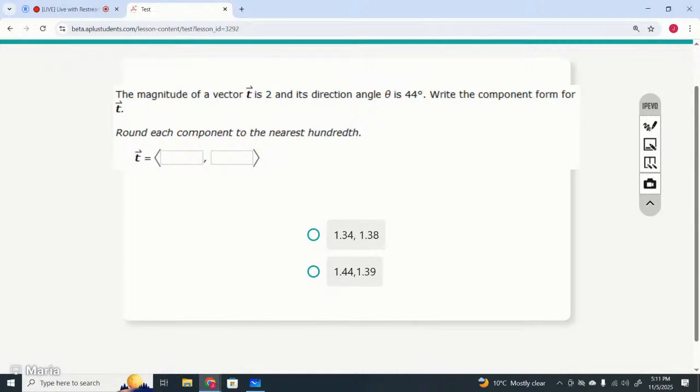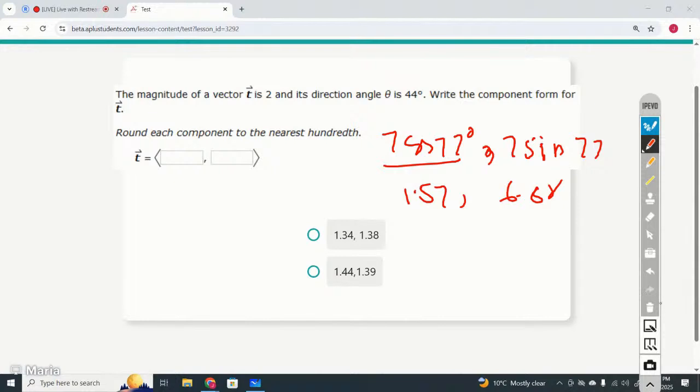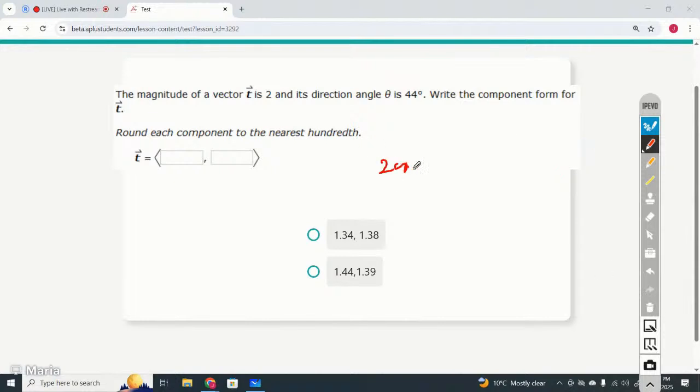The magnitude of vector t is 2 and theta is 44 degrees. Write the component form of t. So that would be 2 cos 44 and 2 sin 44.